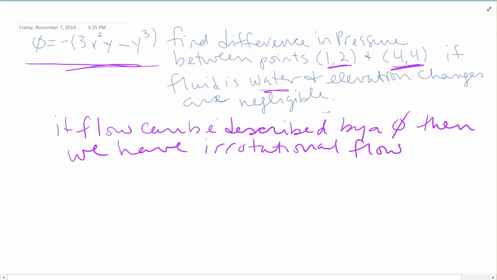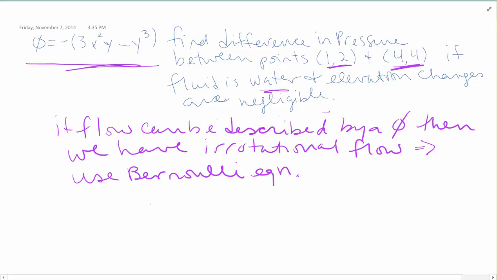So that means if we have irrotational flow and we're looking between 2 points, we can use Bernoulli's equation.